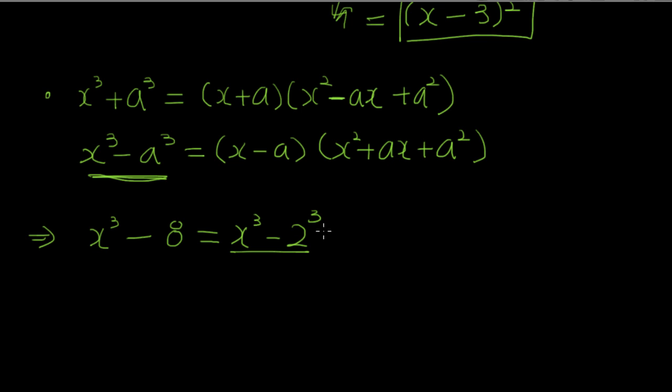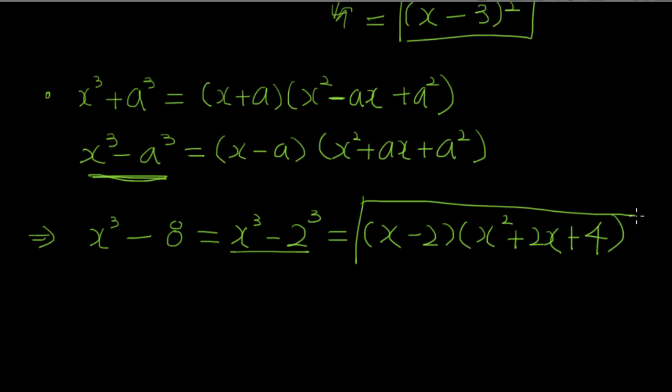Then I can factor this as x minus 2, times x squared plus 2x plus a squared, 2 squared, 4. Just like that, right?